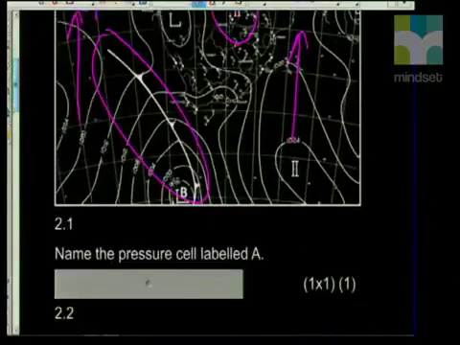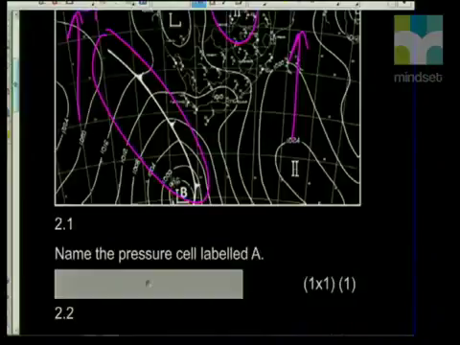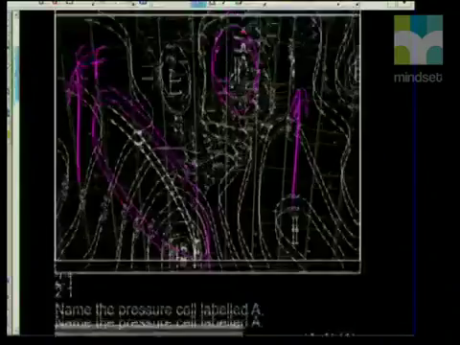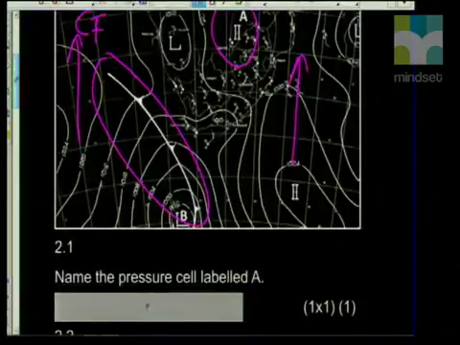Name pressure cell A. All right, now learners, we need to be careful here. I know this question was a bit vague. It came out in a past paper. I know many of you jumped to the words high pressure cell. If you're not sure whether they want the name of that high pressure cell or the words high pressure cell, learners, write both.